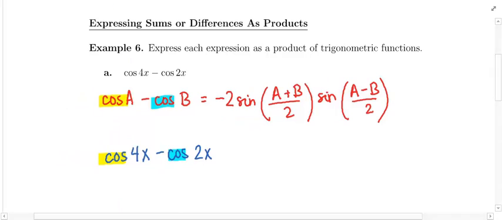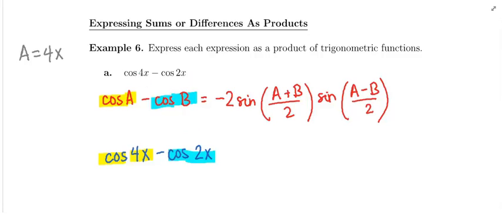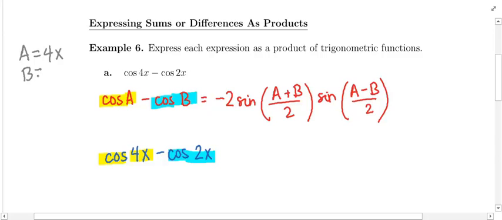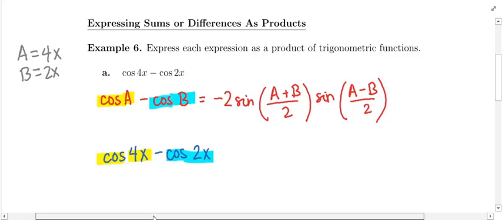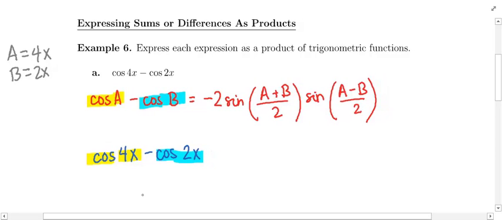The first cosine's argument is 4x, so the A value here is 4x. And then if we look at the second cosine, its argument is 2x, so the B value here is going to be 2x. There isn't any number out front, so we don't have to adjust for that. We pretty much have an exact match, so we can just plug into the right side of the identity accordingly.